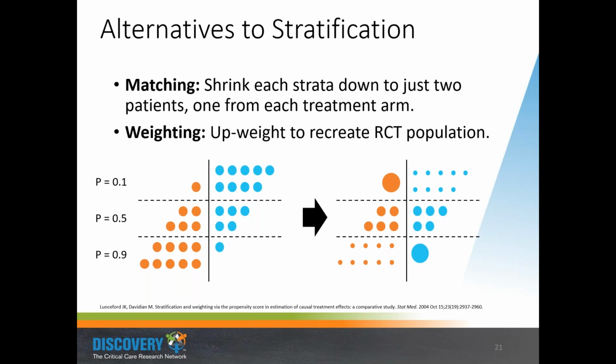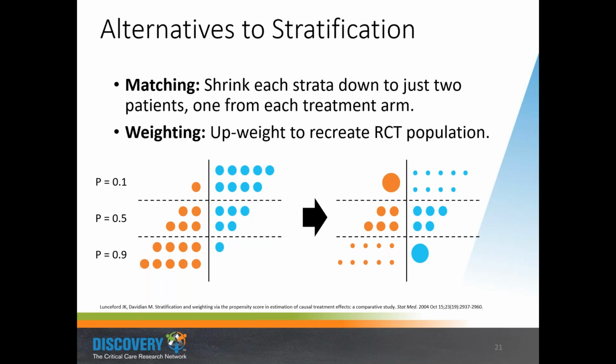You can also do weighting, in which you take your original population and you upweight the patients that you need to be more representative of if you had randomized. So you see here in this figure, you have this one patient up at the top, this orange circle, in the top left, who has a very low propensity of having been treated, but did get treated.